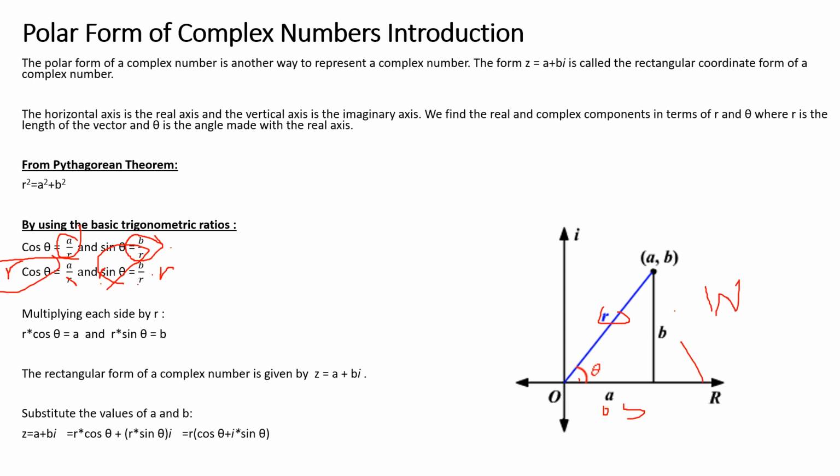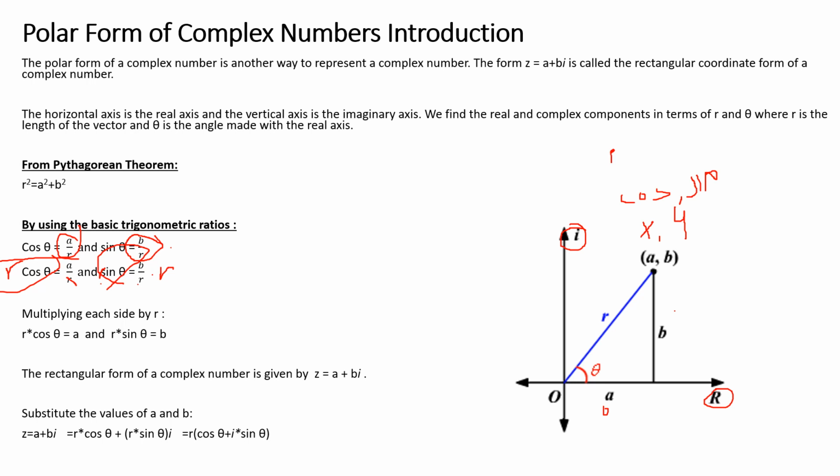Instead of x and y for a coordinate, as we've done before, and that, remember, is cosine, sine, if this is the imaginary axis, that's the i, and the real axis, I would write this as the cosine.